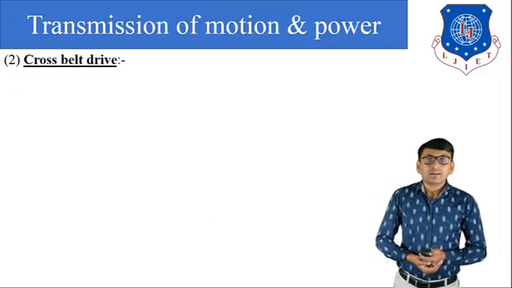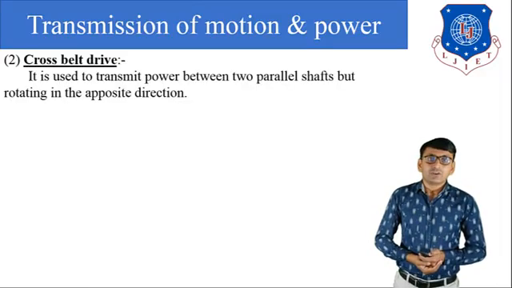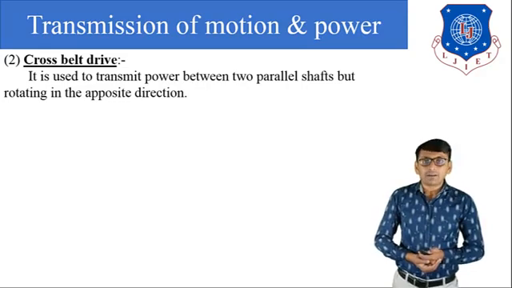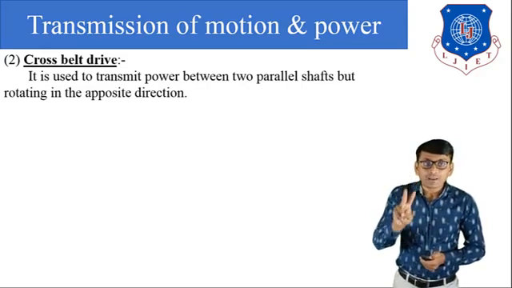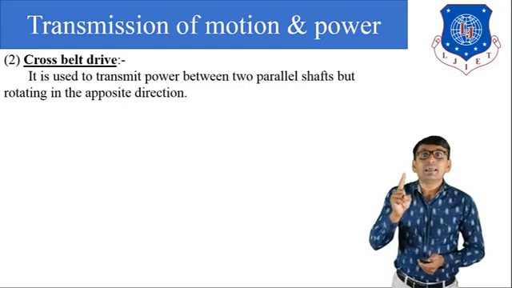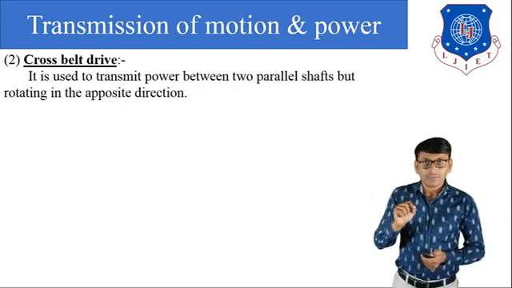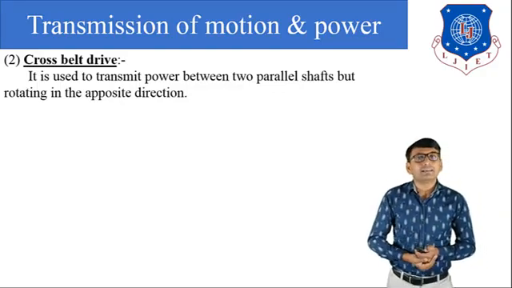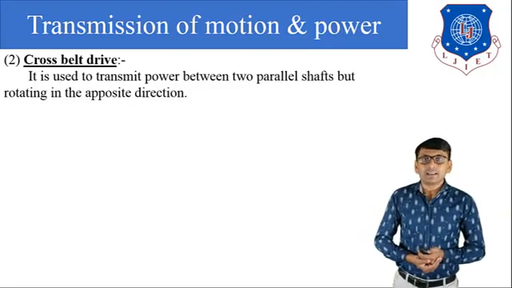Now, second, cross belt drive. In cross belt drive, it is used to transmit power between two parallel shafts which are rotating in opposite directions. If one shaft rotates in clockwise, another shaft rotates in anti-clockwise direction.